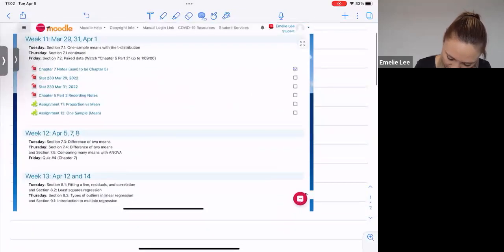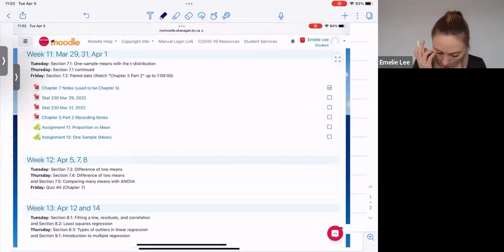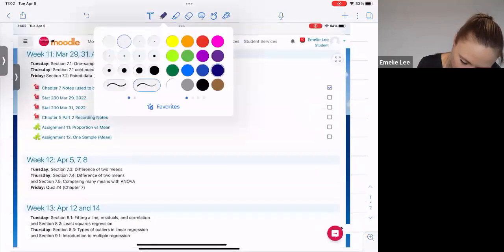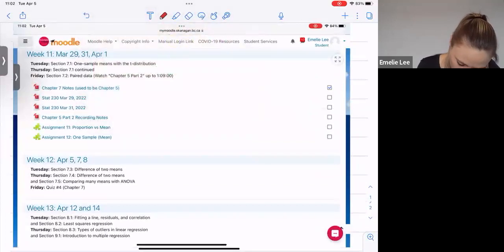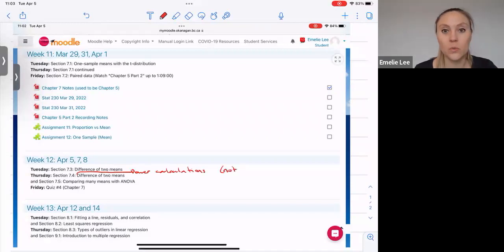So here, one typo is this should be power calculations, which we're not going to do together.